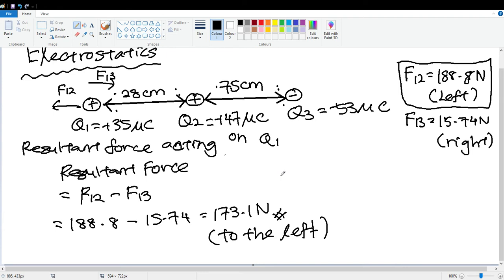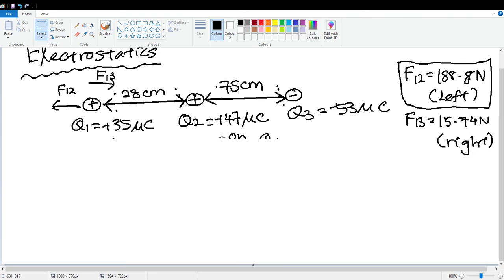Okay, so let's find out for another example. Let me just erase this one. Let's say I am about to find the resultant force exerted on Q2. So the resultant force on Q2.